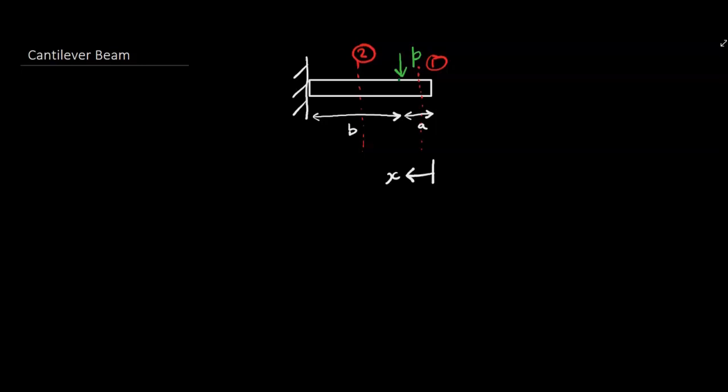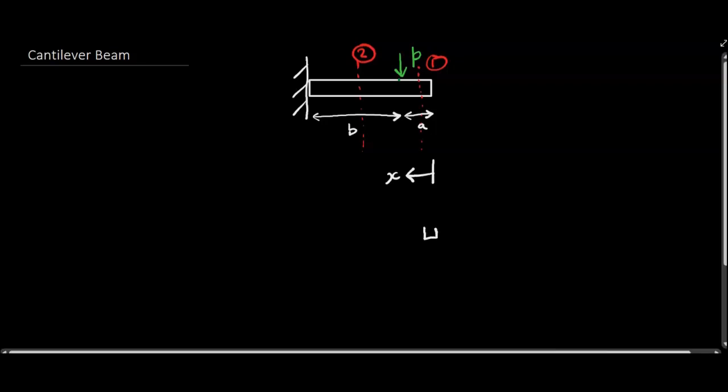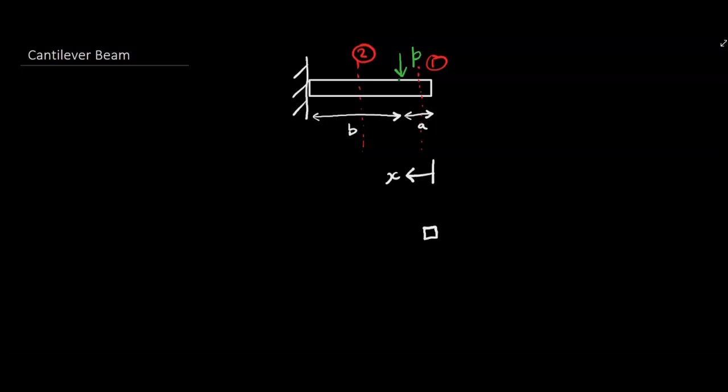So let's look at the first cut. The first cut is at position 1, and we have a little section of a beam there, and when you take your cut, you have to still apply equilibrium. So what forces are inside that beam in order to maintain the equilibrium of the beam?